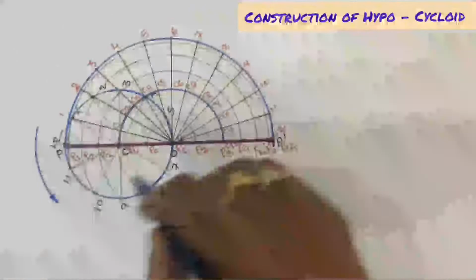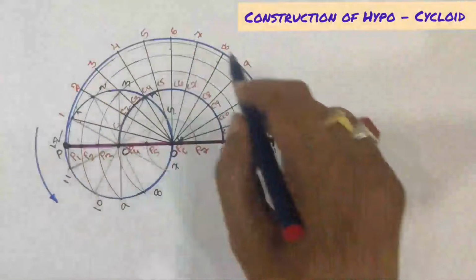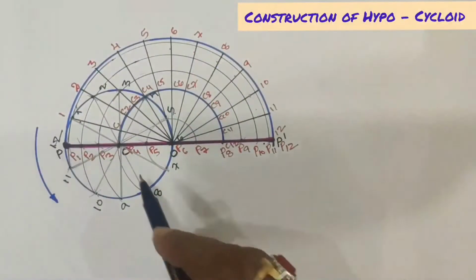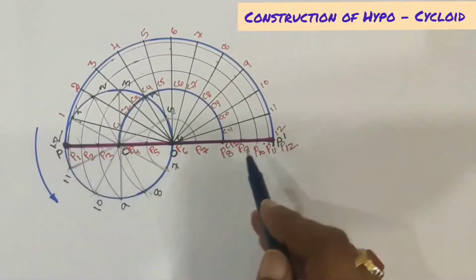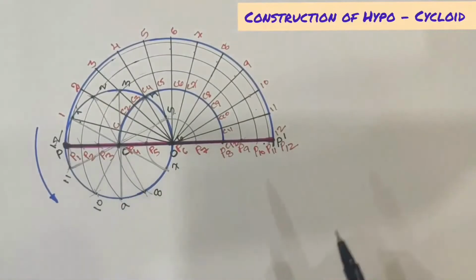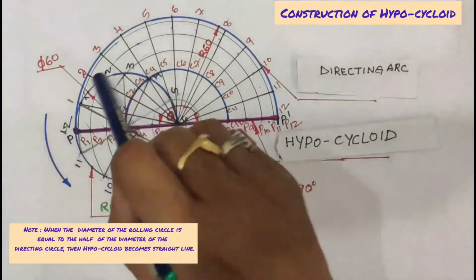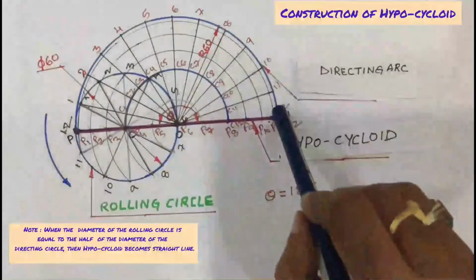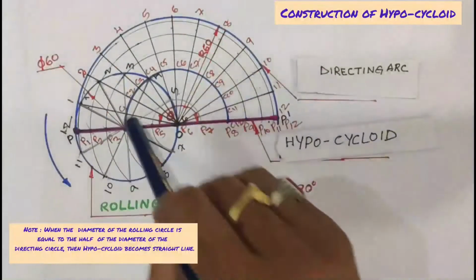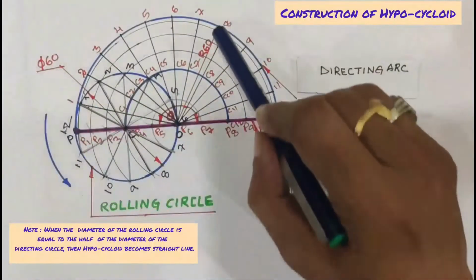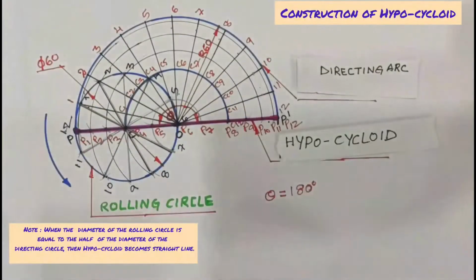When the radius of the rolling circle is equal to the half of the radius of the directing circle, then hypocycloid becomes straight line. Now the construction of hypocycloid is completed. Then we'll do the dimensioning. This is rolling circle and this one is directing arc. Here the diameter of the rolling circle is 60 mm and radius of the directing arc is 60 mm.